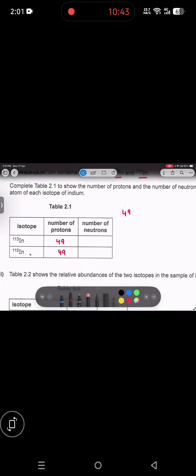For the number of neutrons, you have to subtract 49 from 113 for the first one, and from 115 for the second one. So you will get the answer. The first answer is 64 and the second is 66. So 64 and 66.